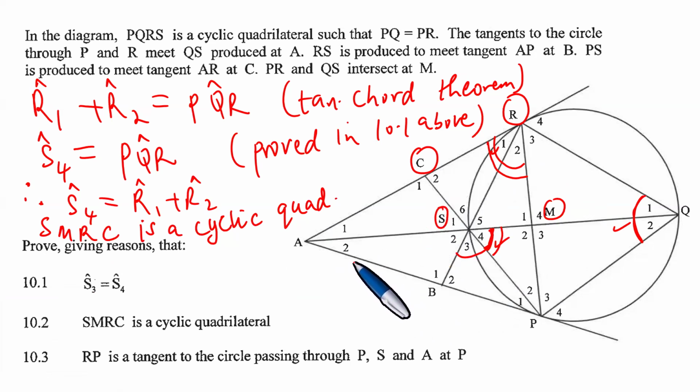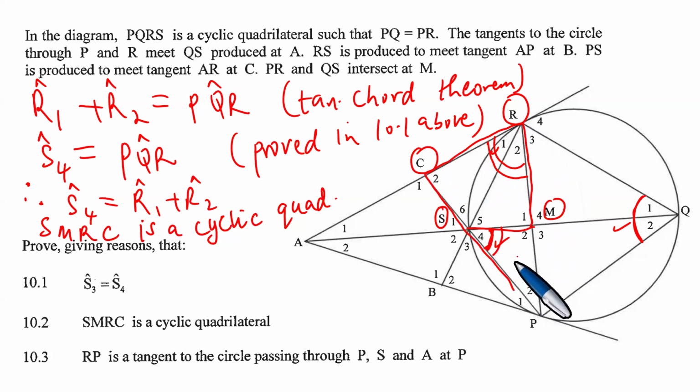Well, we have already seen that at this point, this angle S4 is equal to R1, R2. Now, this here is this type of a situation.